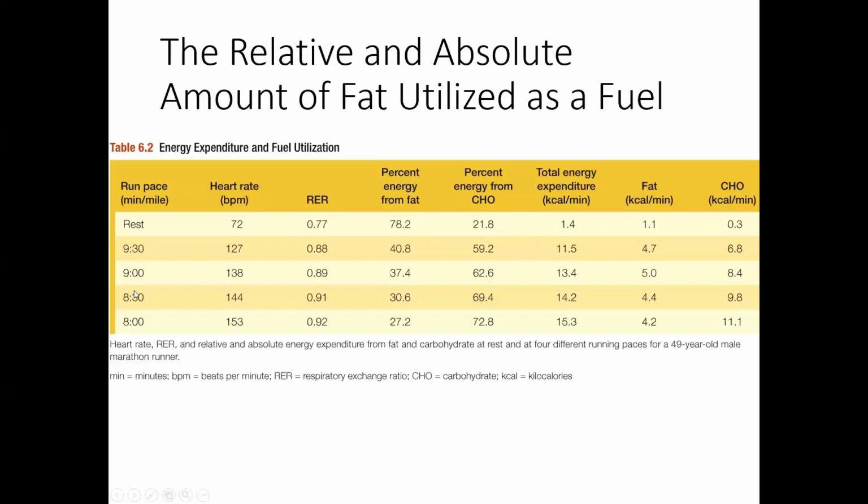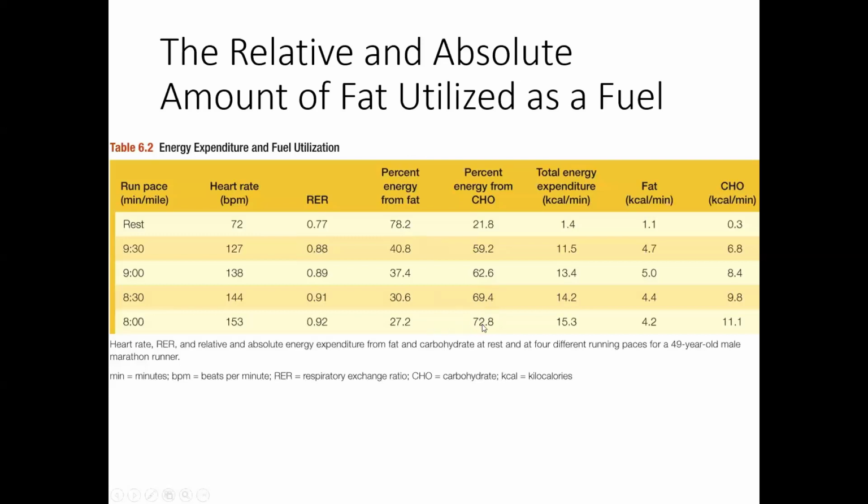But as you start to increase intensity, you go from a heart rate of 127 up to 150 and an RER of 0.88 up to 0.92. This shows you that even at this lower intensity, at a 9.5 minute per mile pace, you're already burning more carbohydrate than fat. Then as you get to that 8 minute per mile pace, it's flipped from rest, and you're burning almost 73% from carbohydrate.